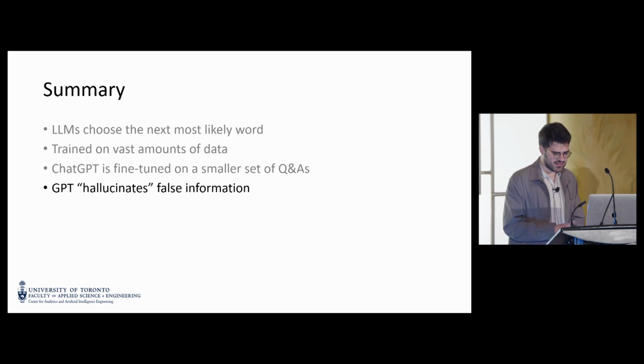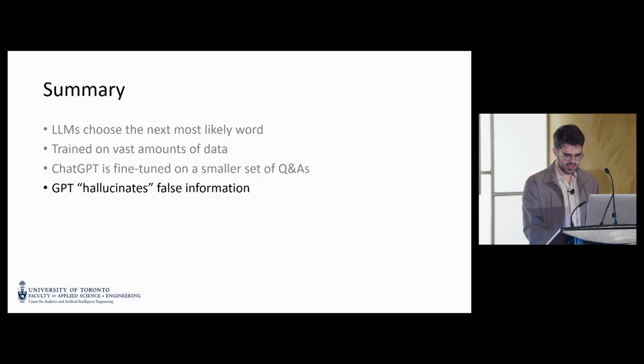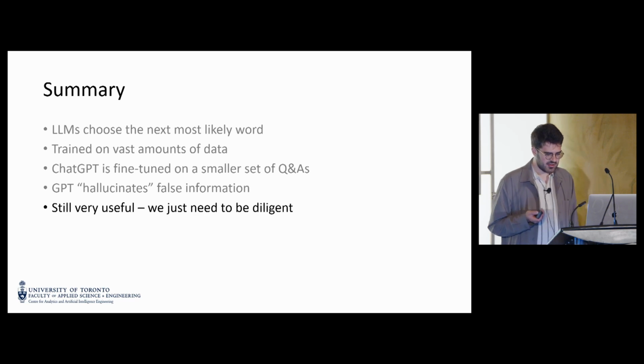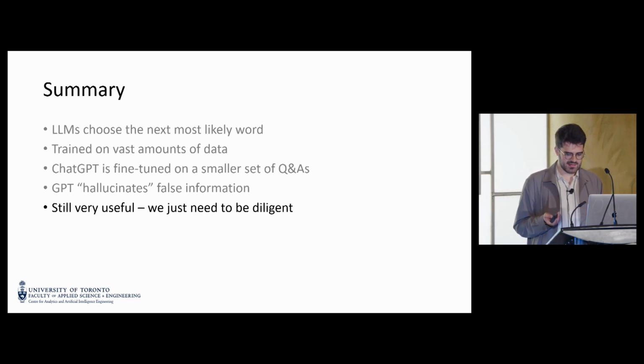GPT models have a tendency to hallucinate false information, which can be convincing to outside observers. They also struggle with things like creativity, handling context that's far outside of the immediate question, and following rules for an extended session. But in spite of all of this, there's huge potential for benefit from LLMs, as long as we're thoughtful about the tasks that we try to use them for and cautious about their output.